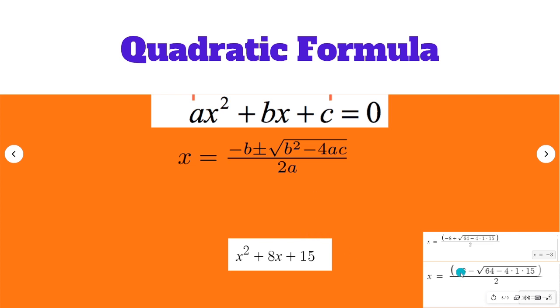And so if you look on this bottom right, you'll see that one of our solutions will be x equals negative 8 plus the square root of 64 minus the quantity of 4 times 1 times 15, and all of that over 2. And when we solve that, we'll get negative 3. Then the same thing will be for our second solution, except instead of doing negative 8 plus the square root, we'll do negative 8 minus the square root. And when we do that, we'll get negative 5.